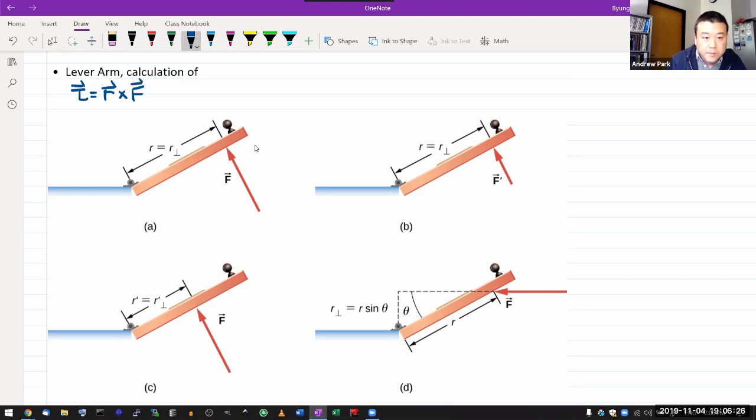And we've talked about this cross product, and so this is the full description of torque, especially in this vector sense.